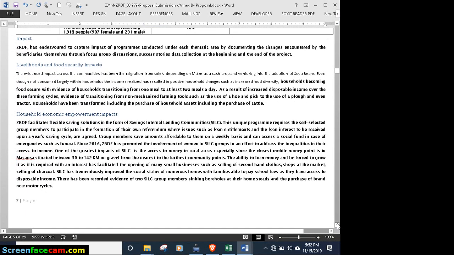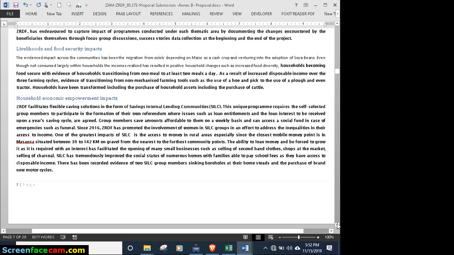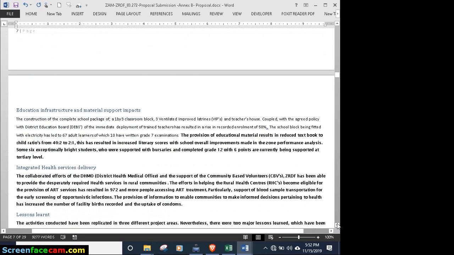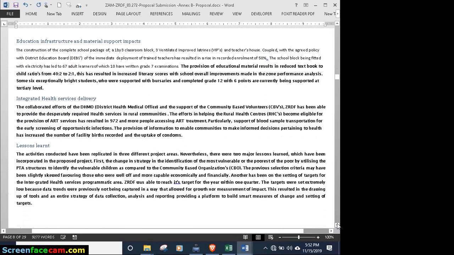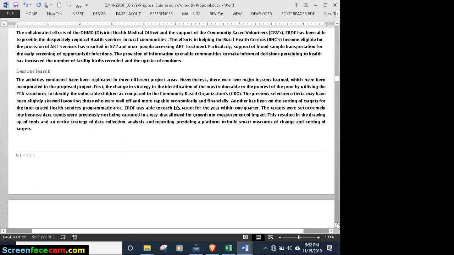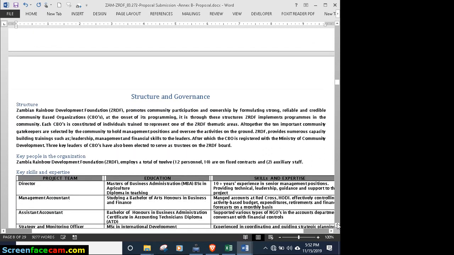Okay? So still looking at the organizational background, we look at the impact, and because it has 4 different thematic areas, we talk about the impact in the different thematic areas. Some of the key lessons learned under the thematic areas.